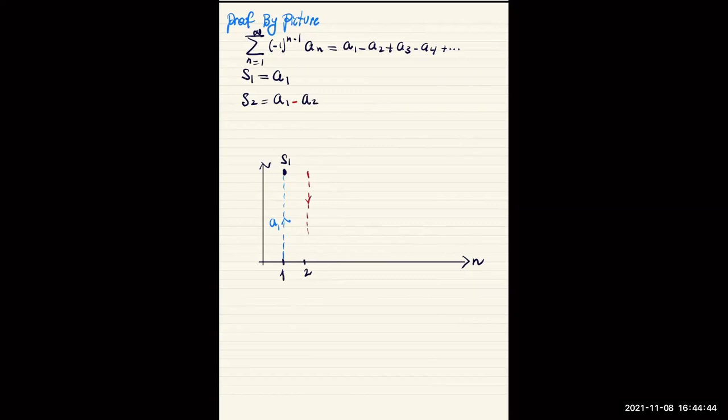Since A2 is smaller, we're going to end up somewhere here. That will be S2. If A2 was larger than A1, then S2 would be somewhere down here, and the partial sum would become negative.